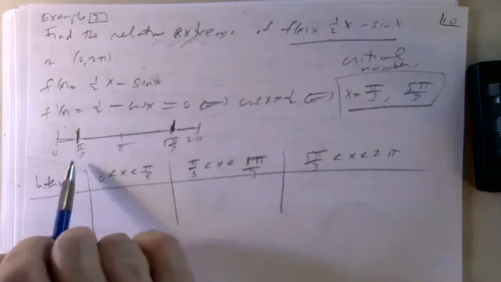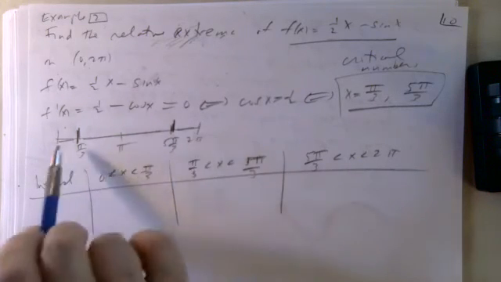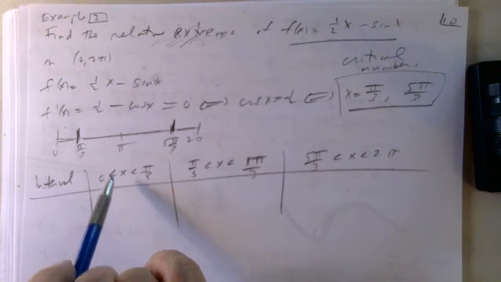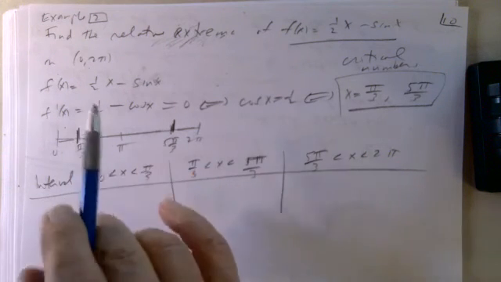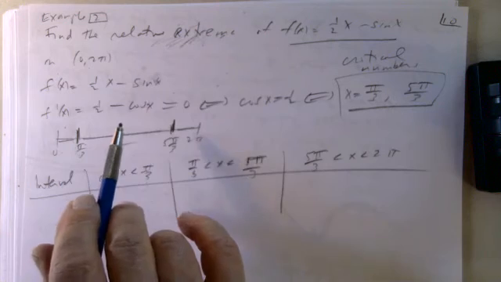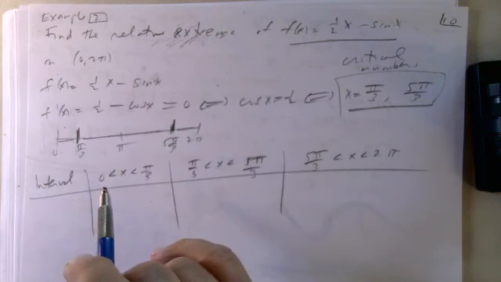We know it's either always positive or always negative in these intervals, so I can just pick a test value in between.